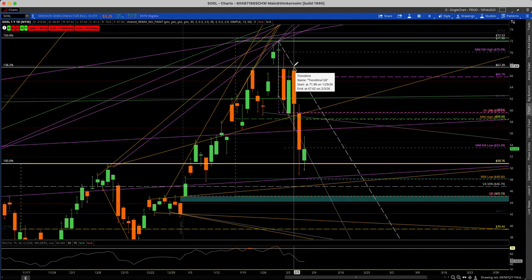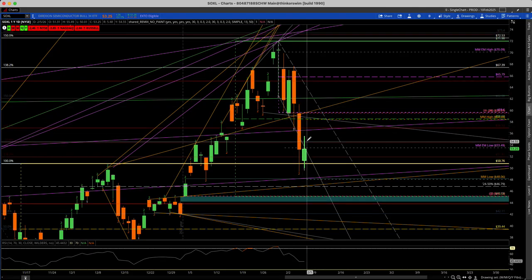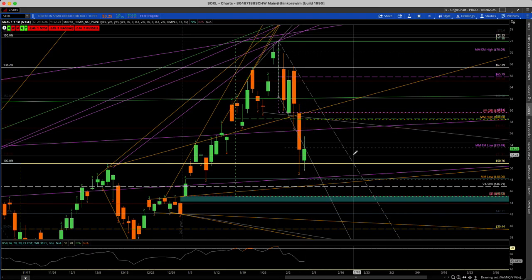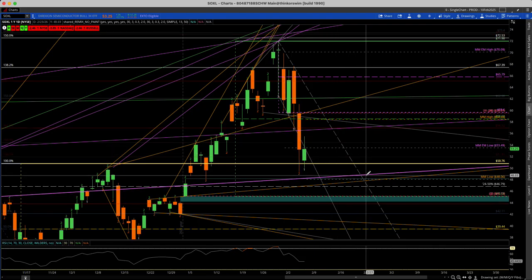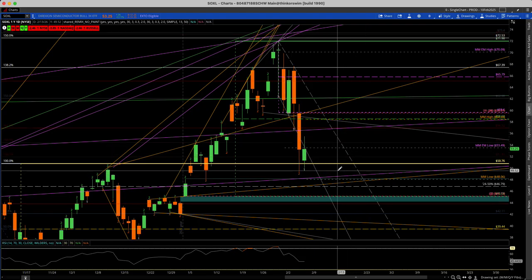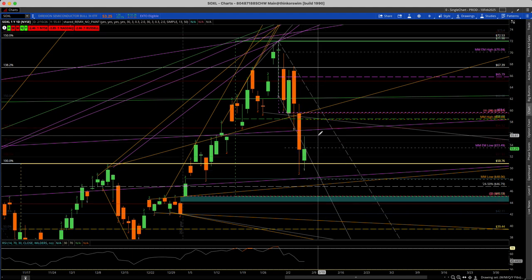So, buckle up if we do go that direction, and especially if it's with some momentum, right? So more of a domino effect type of move to the upside, as opposed to what we've had over the last couple of days, where we had a domino effect to the downside. So take from that what you'd like, but that's what we've got from the 1-day chart, right?